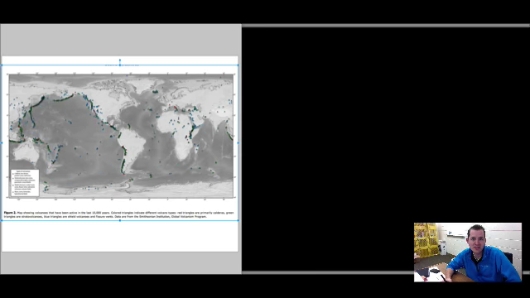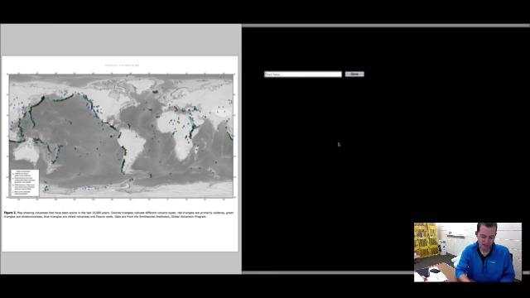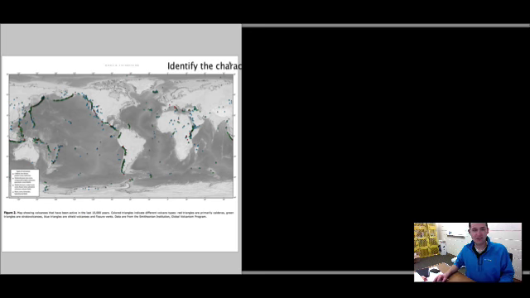And if you've finished your Discovering the Plate Boundaries assignment, you'd also see there is a lot of that overlap. So what we're going to do in this section is identify the characteristics at each plate boundary.